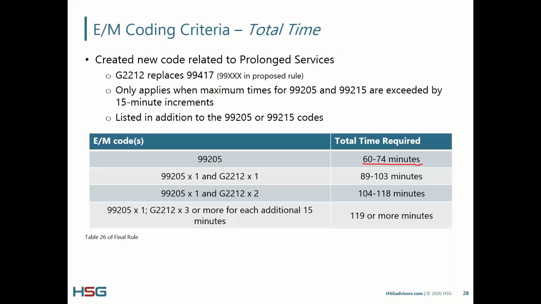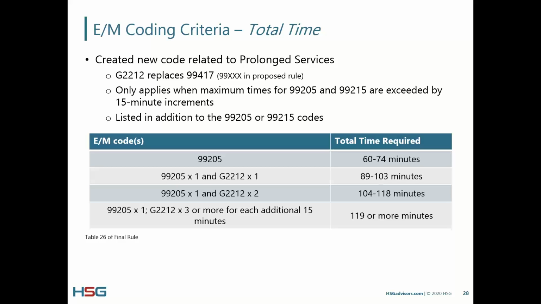We did mention the issue with having a new code to look at time spent with a patient on the day of service, or dedicated to the patient on the day of service, that exceeds the upper time frames listed for the five level codes.